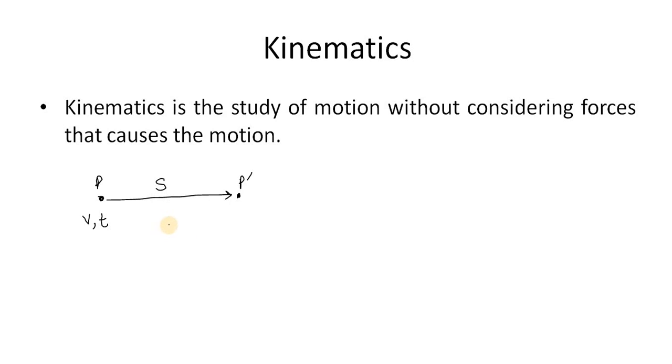So we can calculate S is equal to V cross T. So this is the new location of this point, and this is an example of kinematics, because we haven't considered the forces acting on this particle or point, we haven't considered friction or any other force acting here.